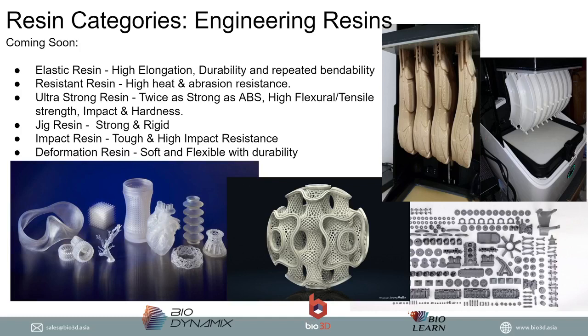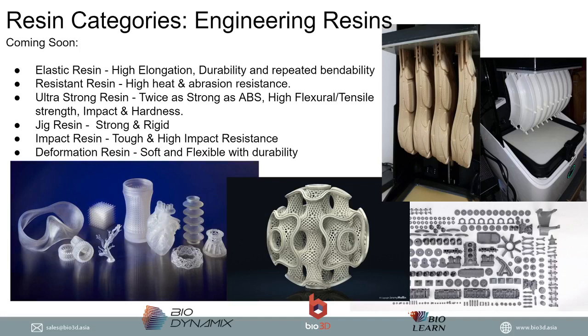So if you distort it, and you're able to distort it given all the properties, it will return back to its initial set point, assuming you have not pushed the resin or the part you've printed past its elongation factor or past its failure point. If you've not done that, then it should bounce back to the same sort of structure that it had before.